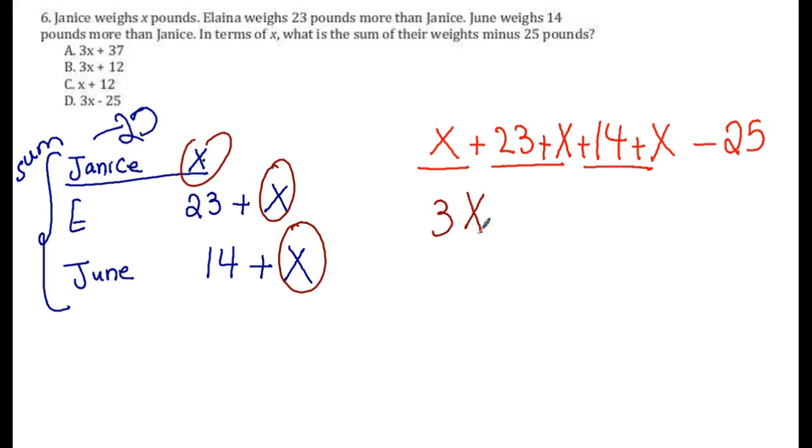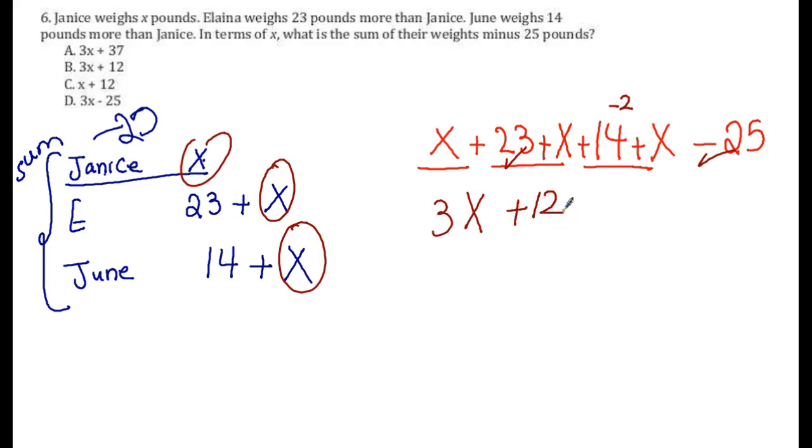Then 23 plus 14 minus 25. If you're not comfortable with quick math, you can just do 23 plus 14 and then minus 25. Or you can simply say, okay, 23 minus 25 is negative 2, and then 14 minus 2 is 12.